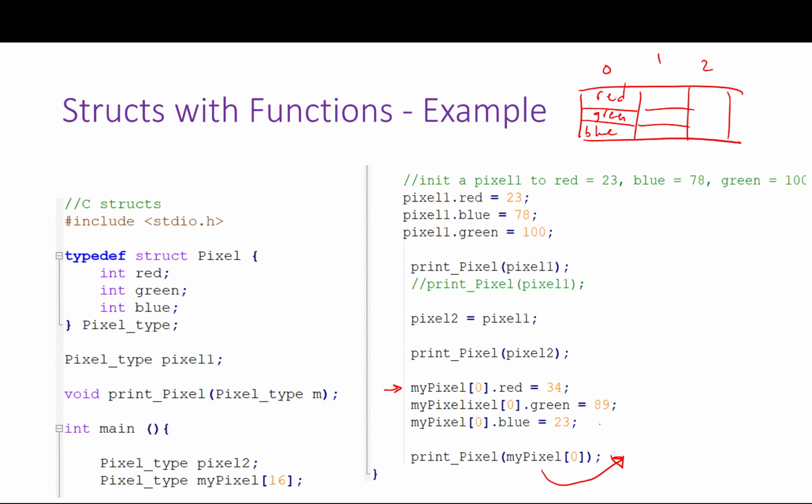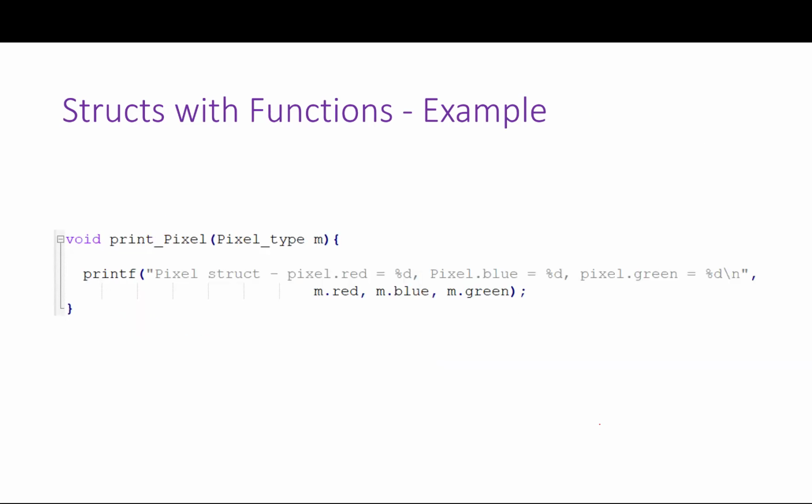The last thing actually is the function itself, right? Which is going to print. So the function is very simple. Here, as you can see, it's a printf, okay? And then you have to work with each member, right? Here, here. And the variable itself is m.red, m.blue, m.green. As you can see here, what is m? m is the struct which is coming to the function, right?